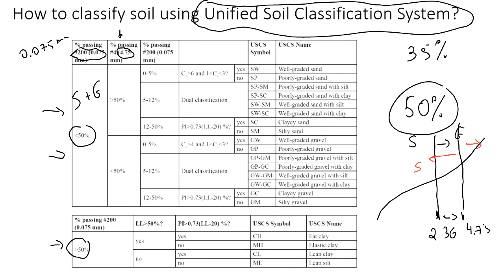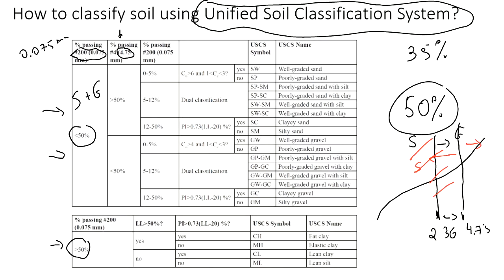So basically, on the left-hand side, we'll have more sand when we use the unified soil classification system compared to the other system. This is another major difference that you should be aware of, this 4.75.